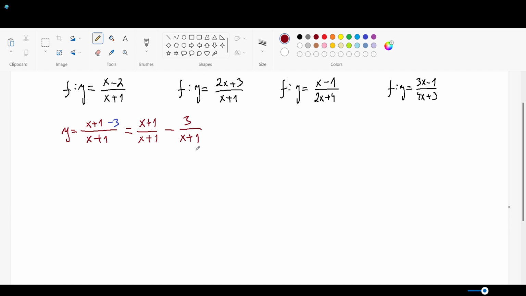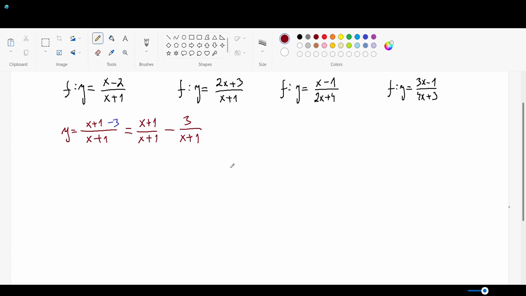Because as you already know from fractions, as we have the common denominator in both, we can do the subtraction of these two fractions, and we will get this fraction, which will definitely lead us to this fraction.